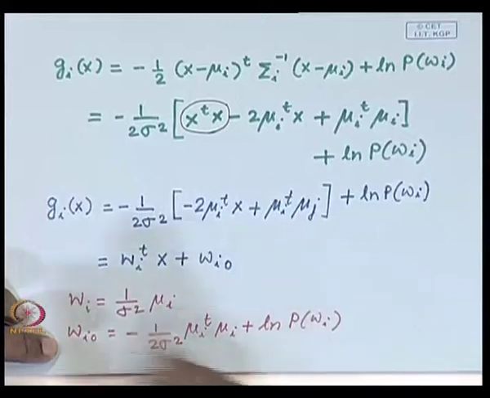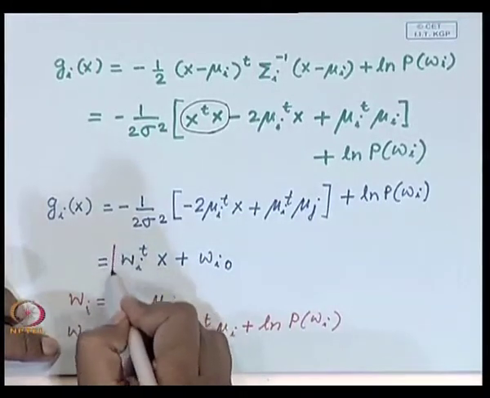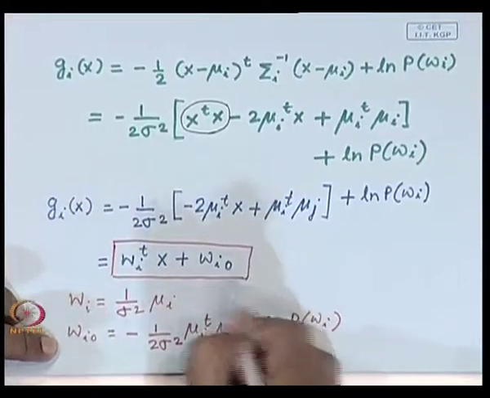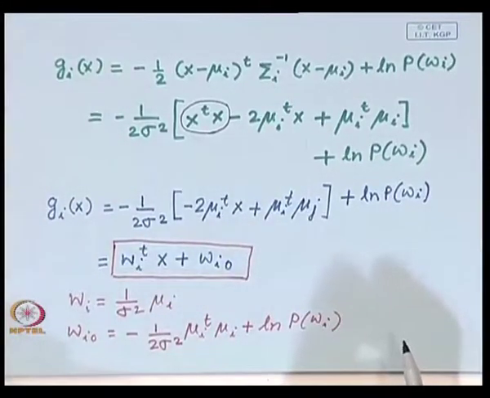So, if you look at this expression, finally we get the discriminant function g_i(x), which is w_iᵀx + w_i0. This is nothing but a linear equation. So, in this simplified case, when all the covariance matrices for all the classes are the same and of the form σ² into I, the discriminant function simply becomes a linear equation.